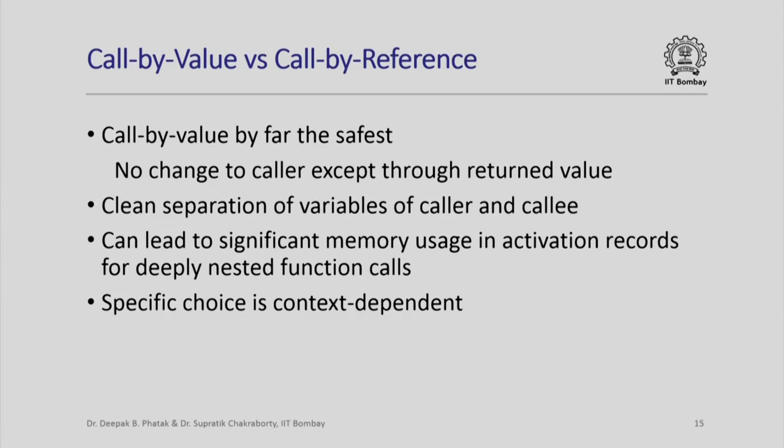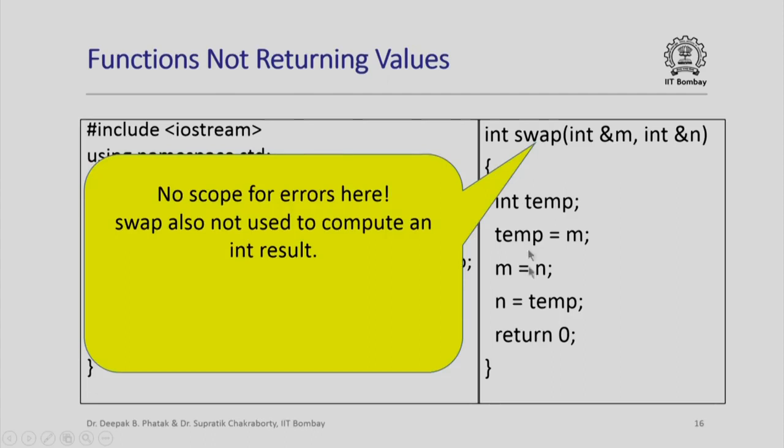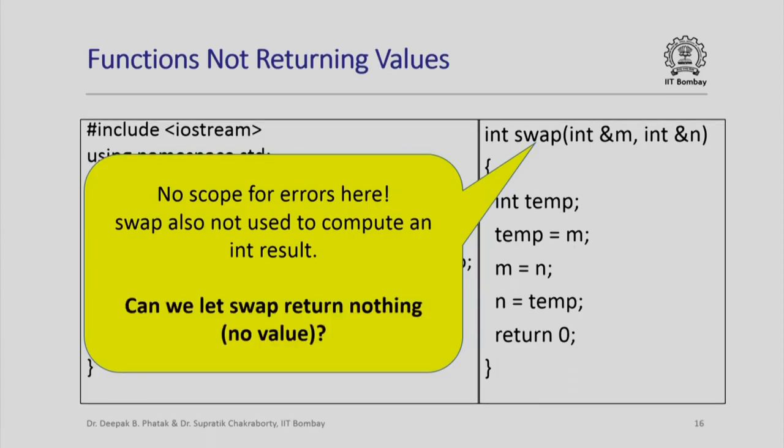Now having seen parameter passing, here is a small note. If you look at this function swap that we used over here, really there was no scope for errors in it. So when we said return 0, since we cannot have an error here, this return value is not very meaningful. Also we know that swap is not being used to compute an integer result. So we can ask whether we can let swap return nothing, or no value at all.